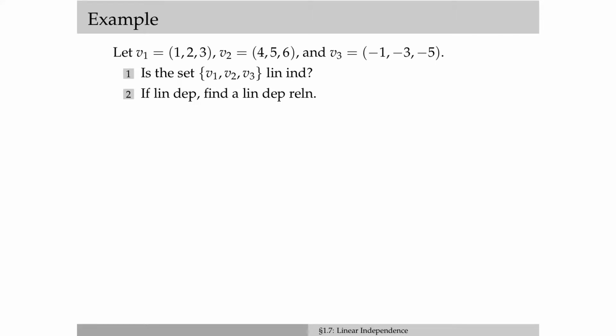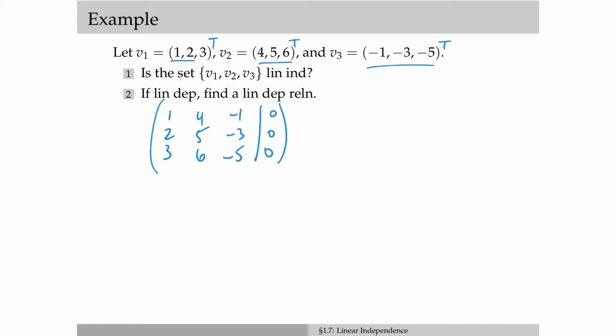Alright, we have these three vectors. I left off my transposes here. Y'all will forgive me. Is the set v1, v2, v3 linearly independent? Well, the way we can determine that is converting it to a homogeneous system, because a solution to this homogeneous system will end up being a non-trivial solution in general.